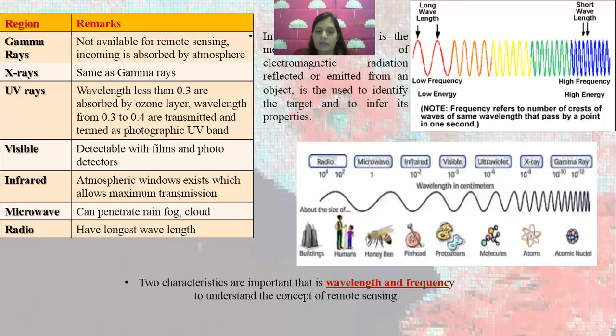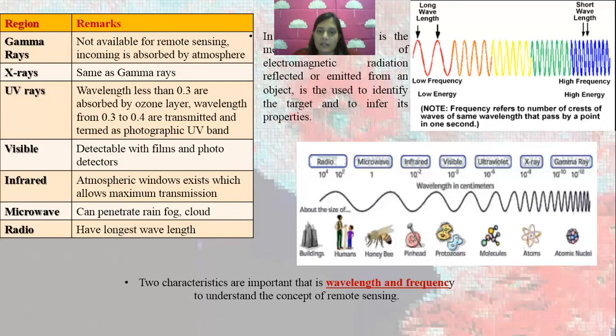Now I would like to draw your attention, students: there are two main characteristics that are very important to understand the concept of the whole of remote sensing, wavelength and frequency. Through them only we gather all the information. Let me recall the EMR theory we discussed previously.